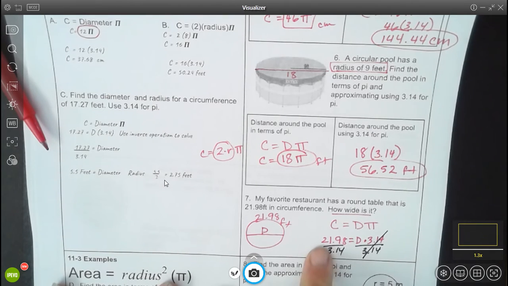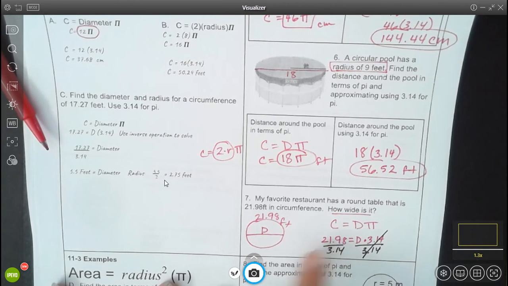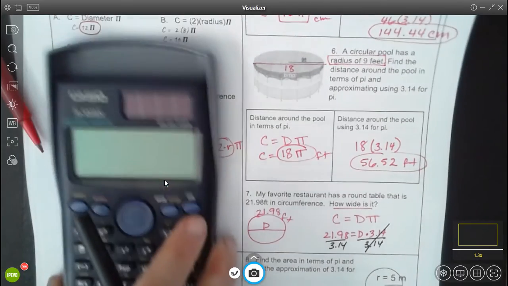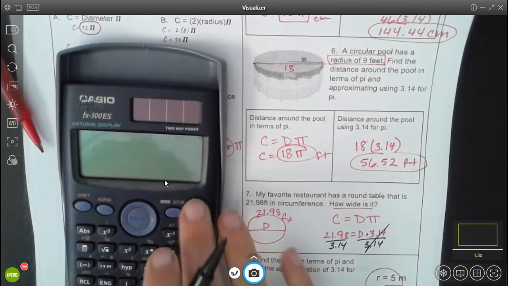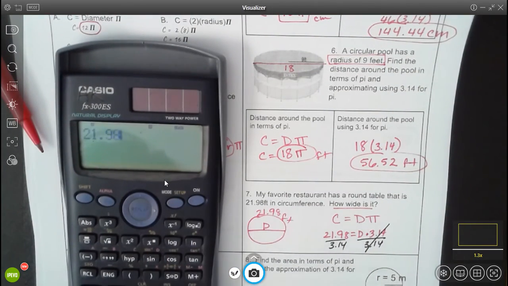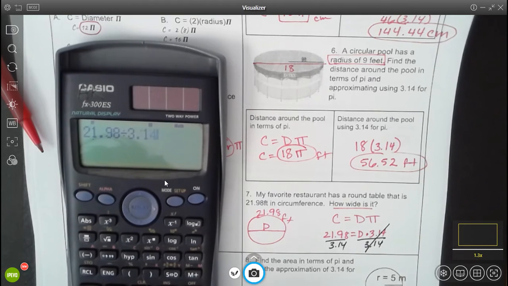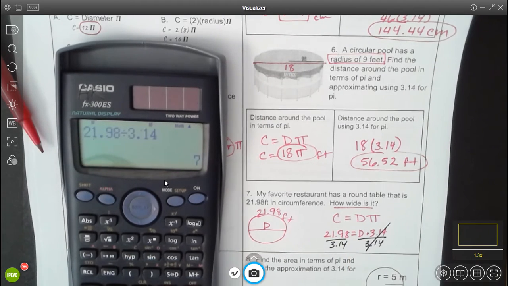And I'm going to take 21 and 98 hundredths and divide it on a calculator by 3.14. So 21.98 divided by 3.14. Why am I dividing? Because I'm working backwards. I know the circumference this time, and I'm looking for the diameter. That's where we get the 7 feet from.